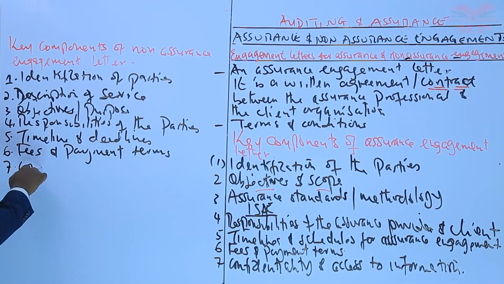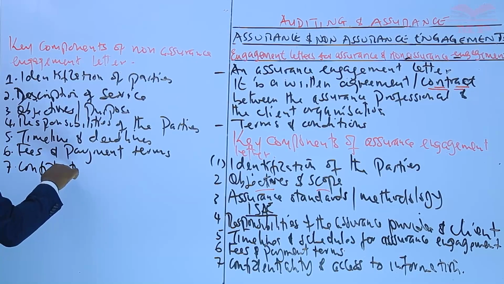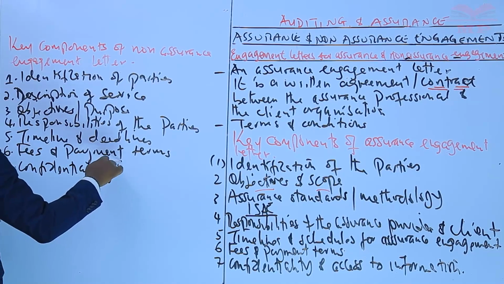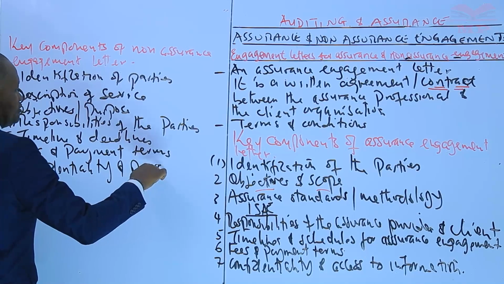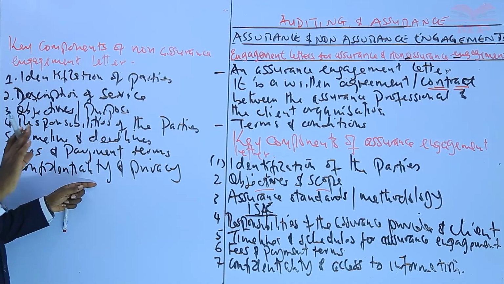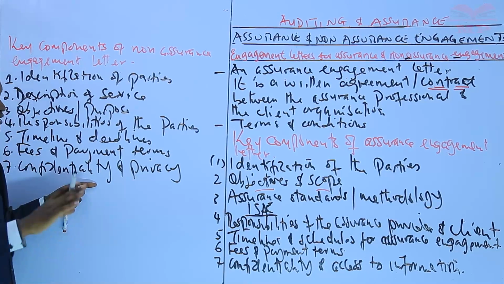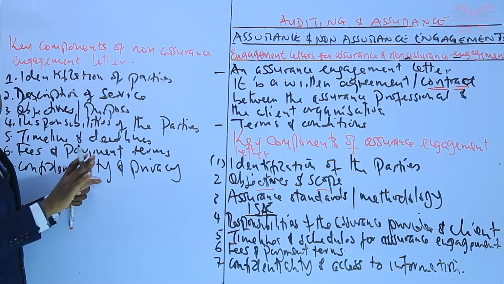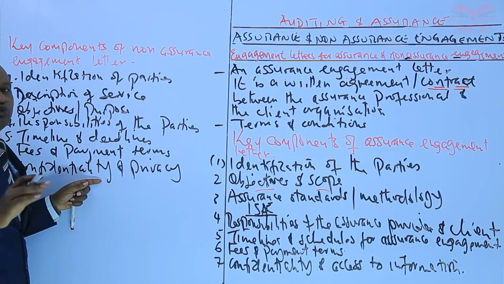7. Confidentiality and privacy. This section emphasizes the confidentiality and privacy of the client organization information.